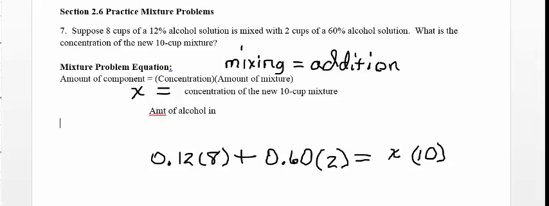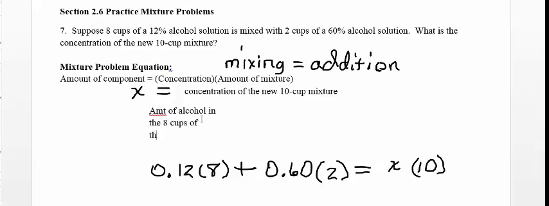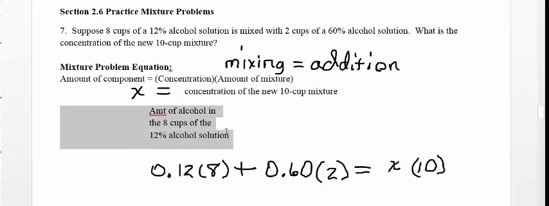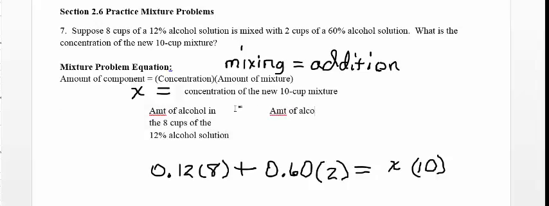So this first product is the amount of alcohol in the 8 cups of the 12% alcohol solution. So I had 8 cups of that, and the concentration of alcohol in that was 12%.